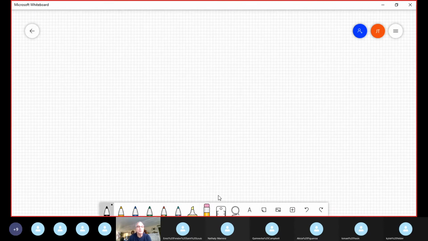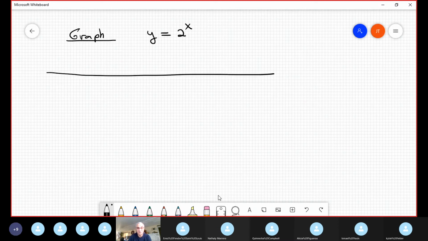Okay, graph the exponential, y equals 2 to the x, that we did before, no? So we have x, we have y, which is 2 to the x, we have the point, which is (x, y).